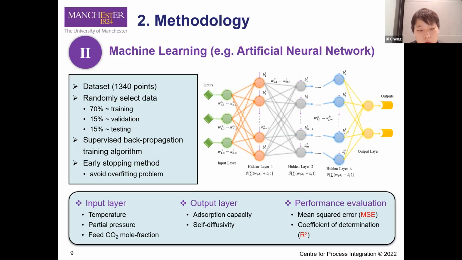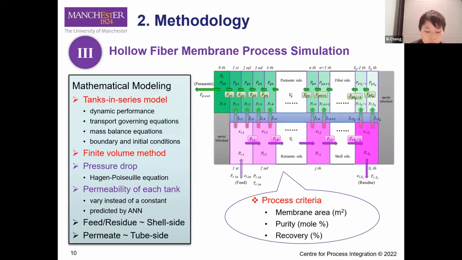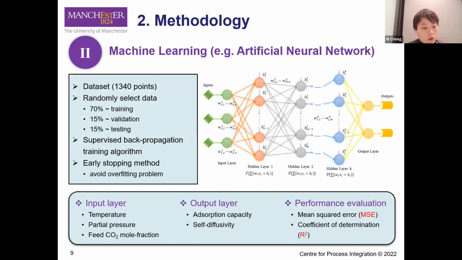The early stopping method is performed to avoid the overfitting problem. Here, the input layer contains 3 features and the output layer contains 2 features. The performance function in the artificial neural network is the mean squared error, and another criterion is R-squared.